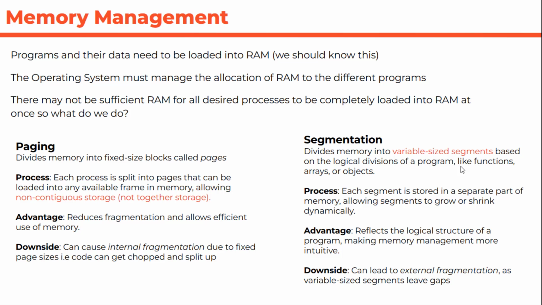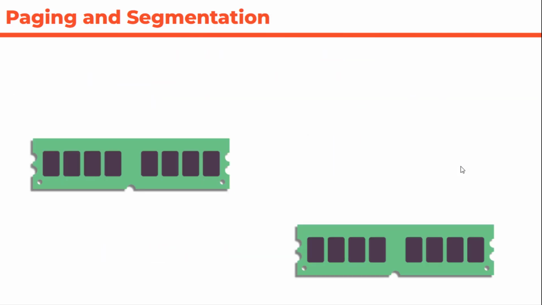Now that does take a little bit of extra management, but the advantage is that it reflects the logical structure of a program, making memory management more intuitive. The downside is it can lead to external fragmentation, as variable sized segments do leave gaps, and we can't always fill them gaps up because of the variable nature of these programs.